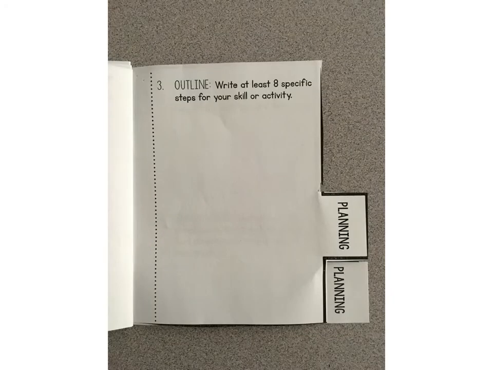So we're going to come up with 8 steps to growing tomatoes. So, step 1 is pick a good spot in your garden. Step 2 is dig a hole.